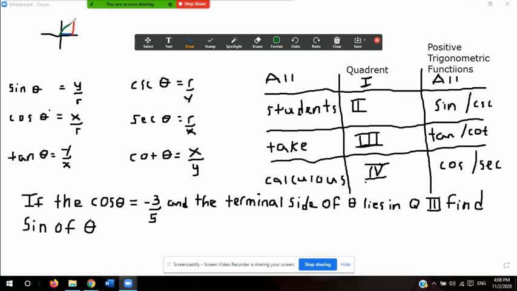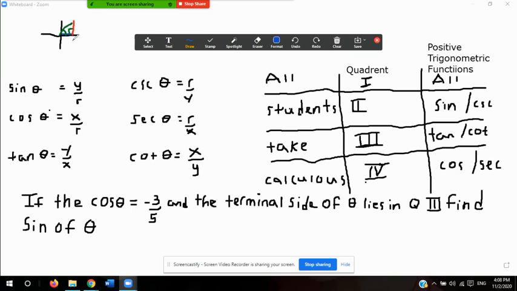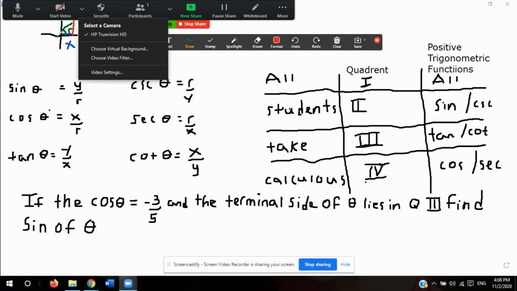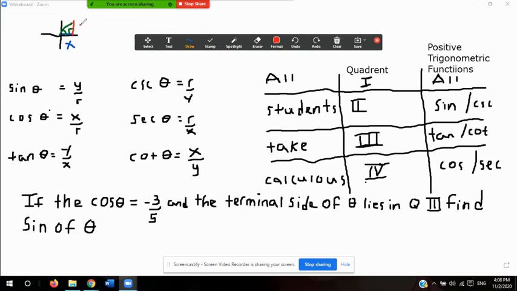And of course, we had our angle of reference, and we had our 90-degree angle. We labeled the horizontal line as x, and the vertical line as y.